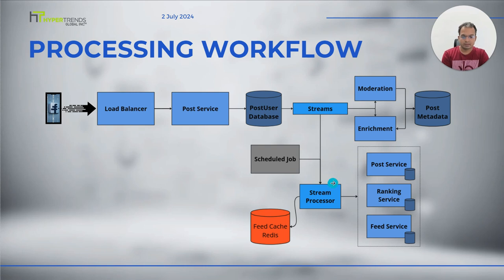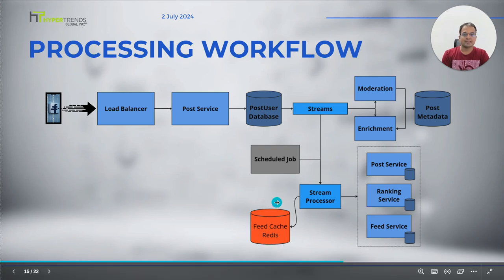So that stream processor can talk to the post service, ranking service, and feed service to properly fetch the data, aggregate the data, filter the data, rank the data, and then the final version of the data, as I said, will be stored in that in-memory Redis cache.